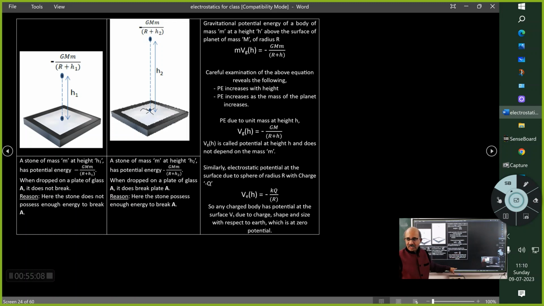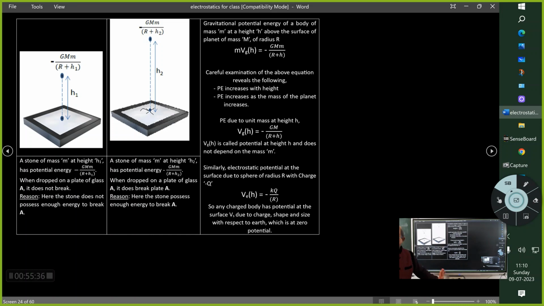Q is the charge, my negative charge, and R is the radius of the body, or you can take R as the distance from the center. That becomes the electrostatic potential due to a negative charge. If it is a positive charge, it is plus KQ by R.